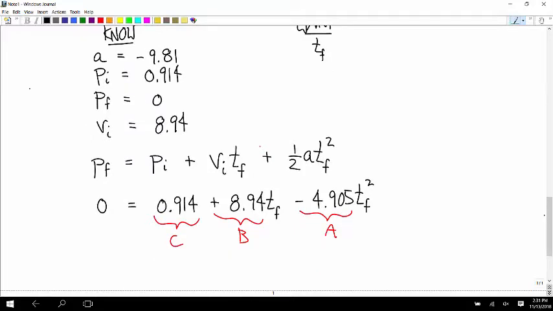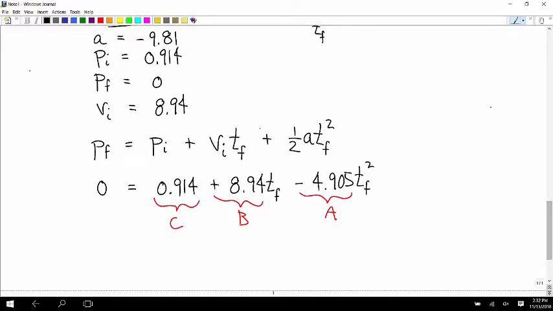And if you solve that, you get something negative, like negative 9 seconds. Okay, so we know we don't want that one because we don't use negative times. And the other one is 1.92 or so seconds.